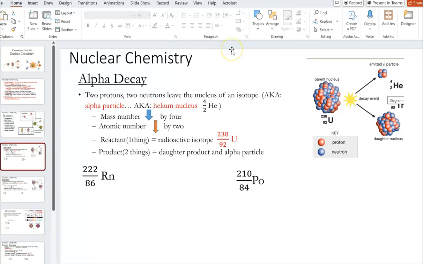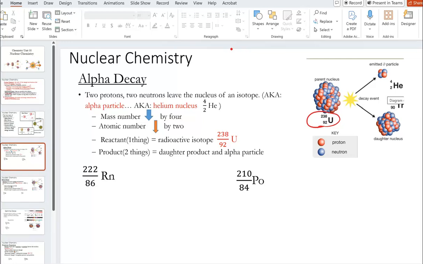The first one is called alpha decay. In alpha decay, you have a parent nucleus, an atom with a very large nucleus like uranium-238. Just a quick reminder, this is an isotope symbol. This tells you the elemental symbol, what element it is.